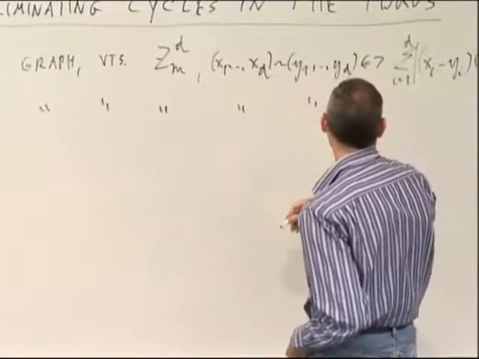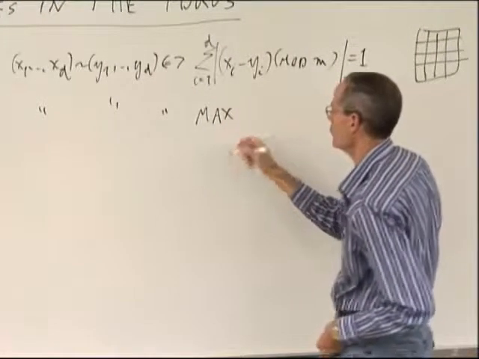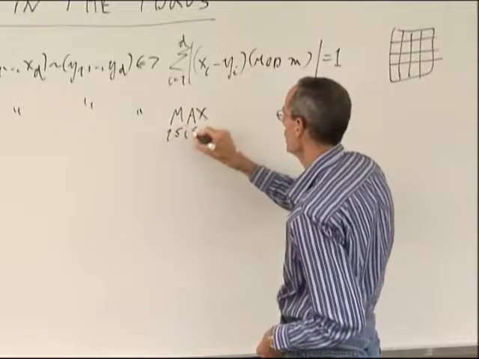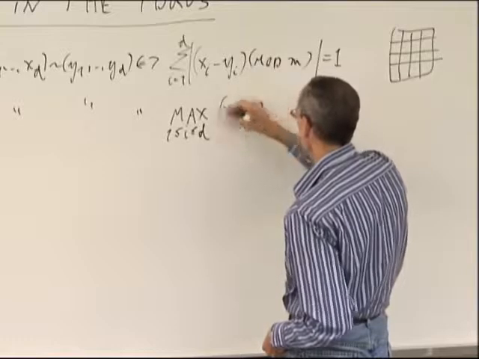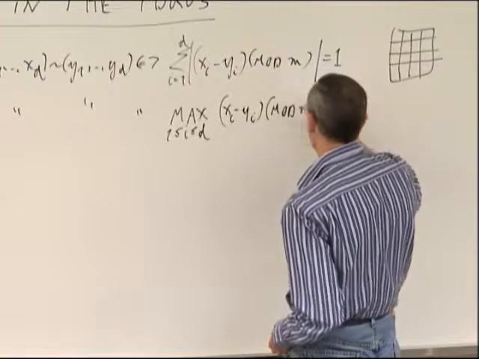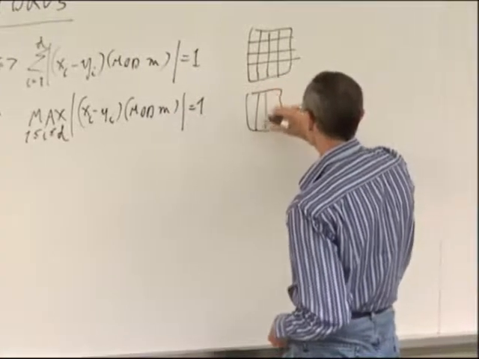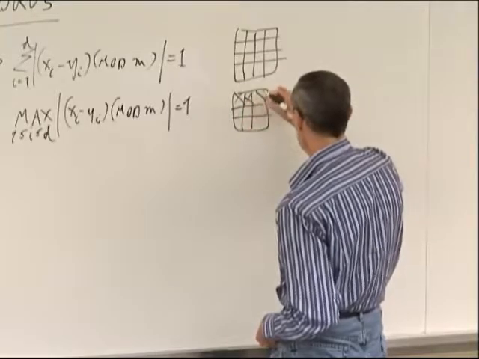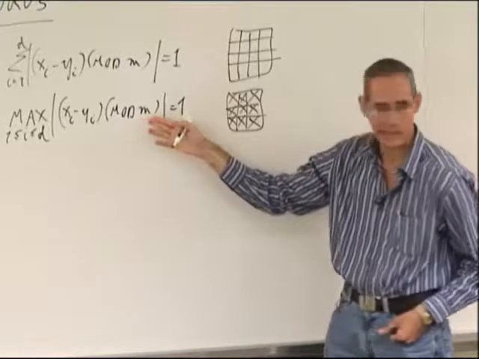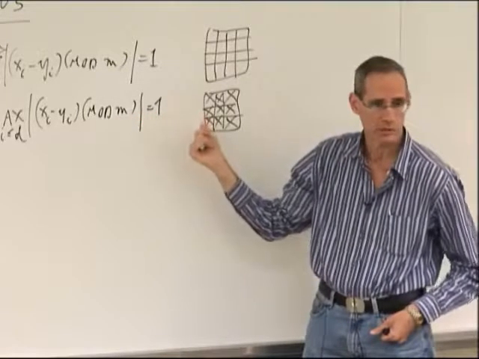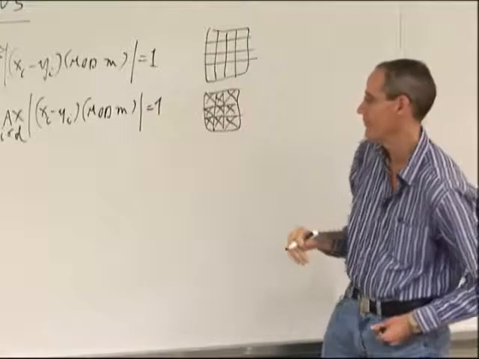Now two are adjacent if and only if, taking the L infinity norm, the maximum over i between 1 and d of |xi minus yi mod m| equals 1. So to be adjacent, in each coordinate they have to be either equal or adjacent. And again, it's in the torus, and this is a picture. So it's another graph. Okay?